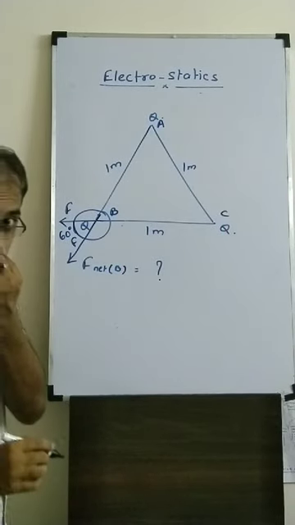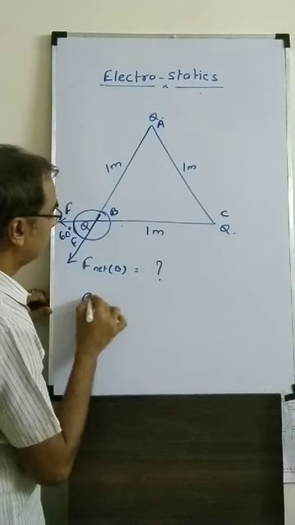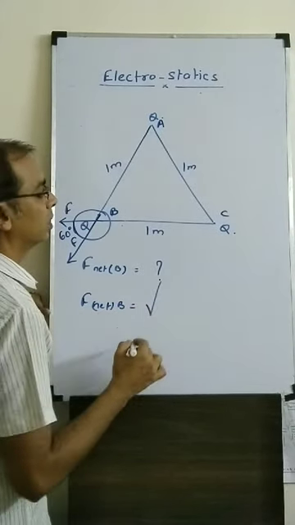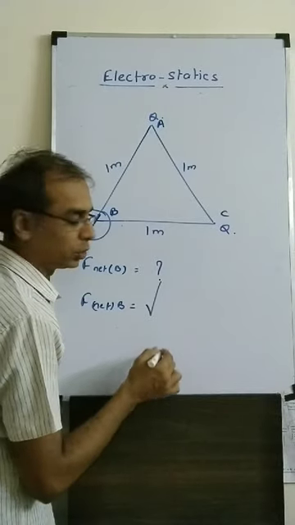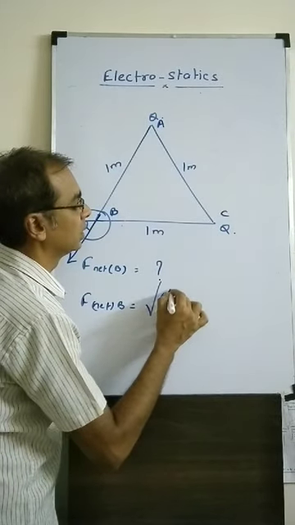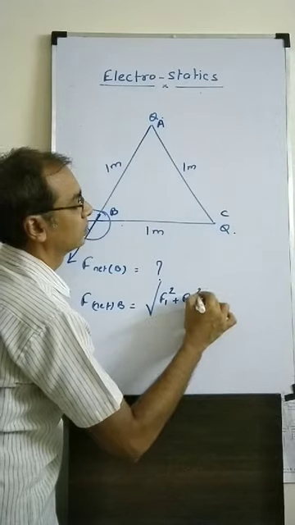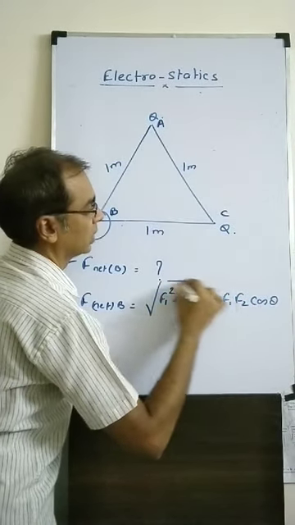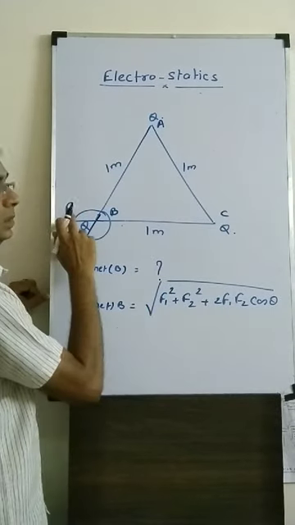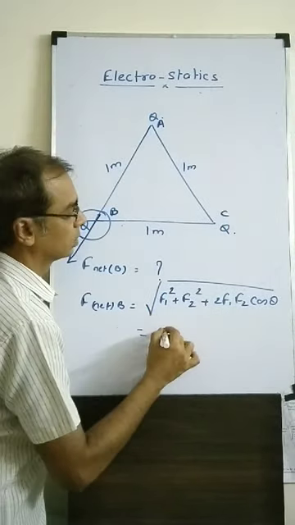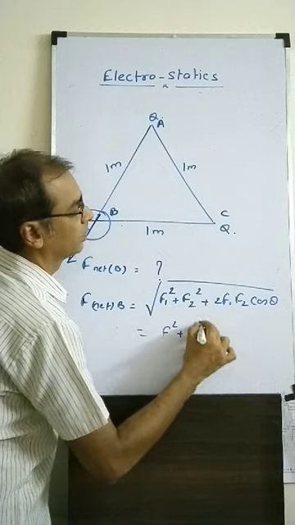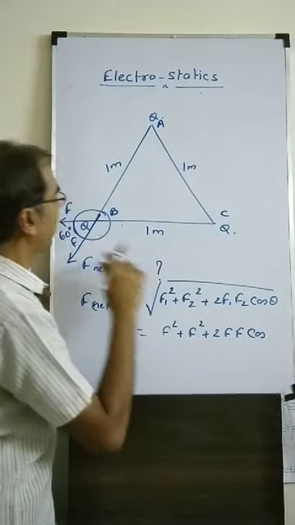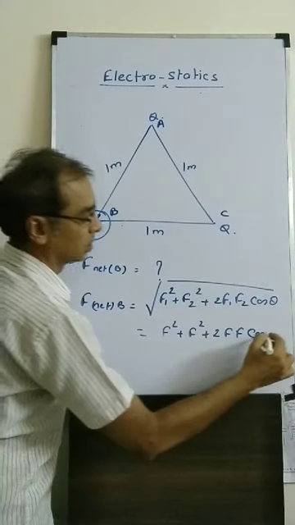So what will be the net force then? Net force on B is root over F1 square plus F2 square plus 2 F1 F2 cos theta. That is the law. Now F1 and F2 in this case are both equal, so F square plus F square plus 2F into cos 60 degrees.